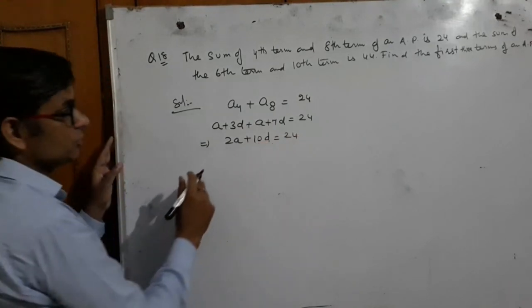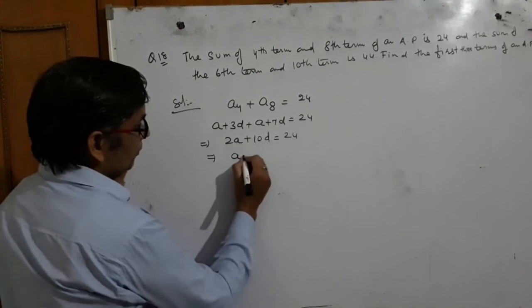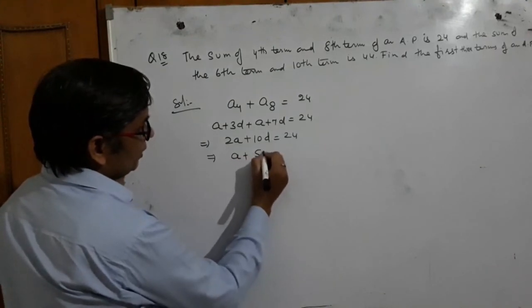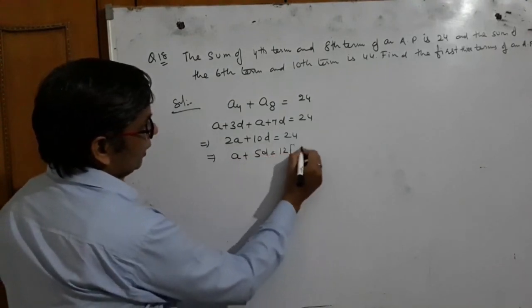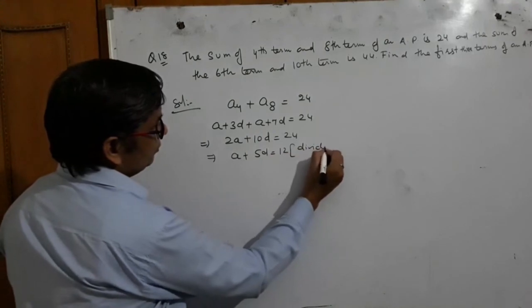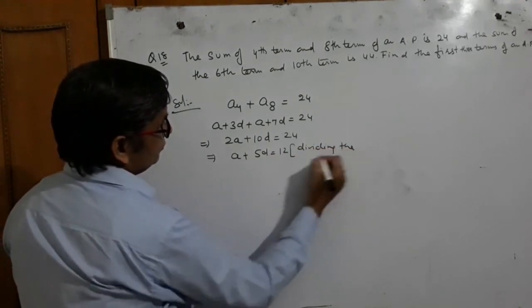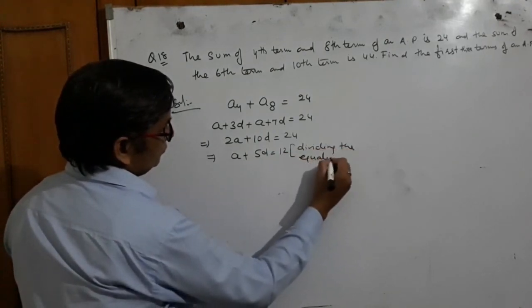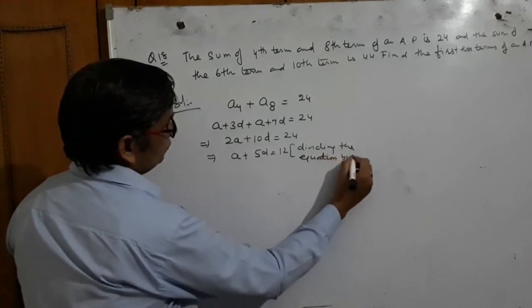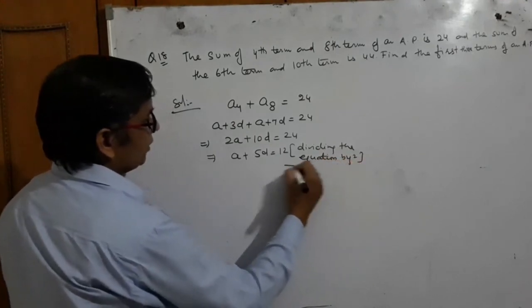Dividing the equation by 2, so a plus 5d equals to 12. Okay, this is equation 1.